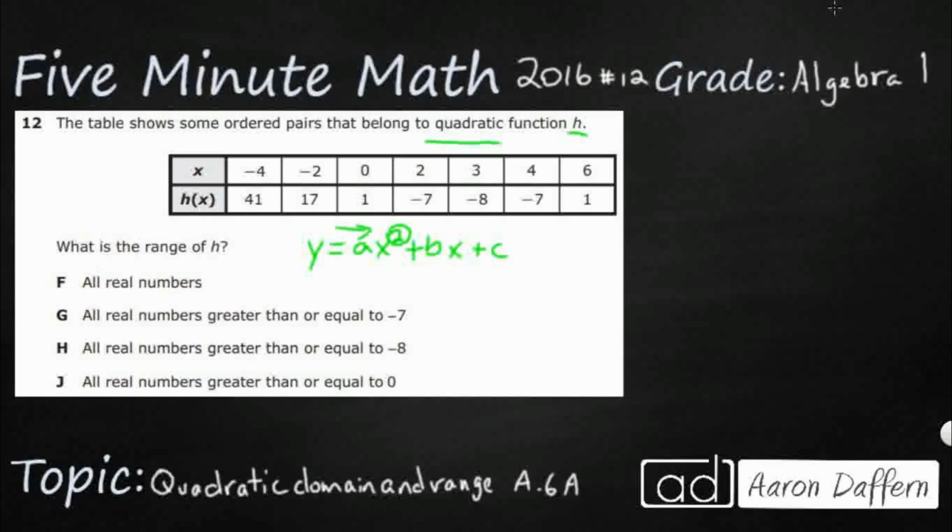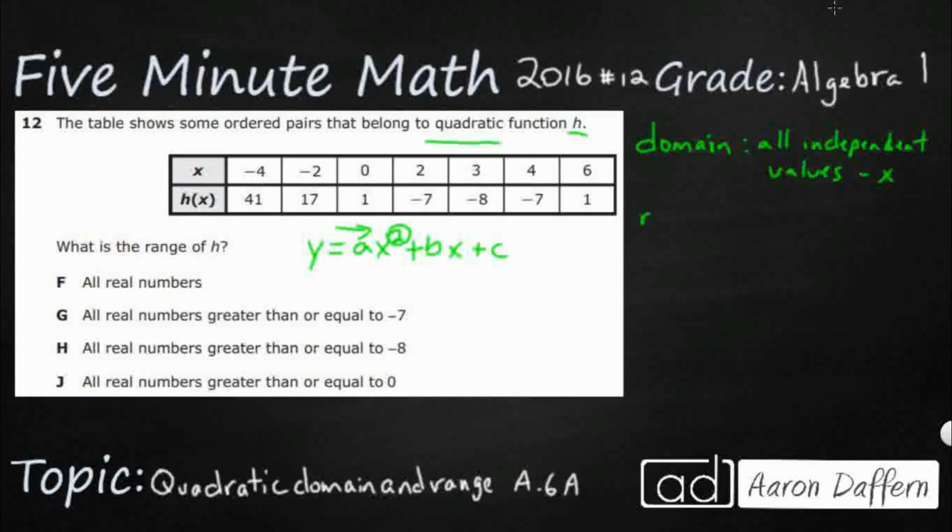And we know that the domain and range for our quadratic is going to be very similar to the domain and range of our linear functions that we also learn about in Algebra 1. So the domain is all independent variable values, and that's typically going to be our x values.